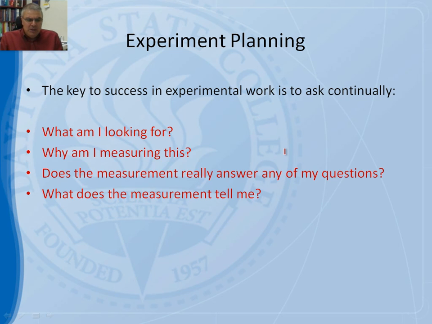There are certain rules and guidelines that we need to follow. First, we need to ask certain questions of ourselves. It's the what and why. What am I looking for? What is it that we try to achieve? And what am I measuring this? Why?